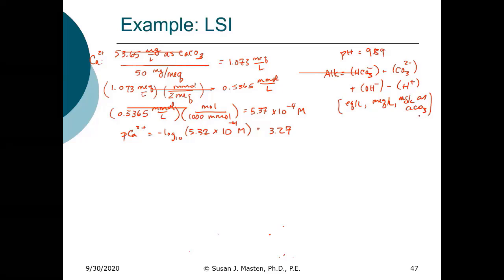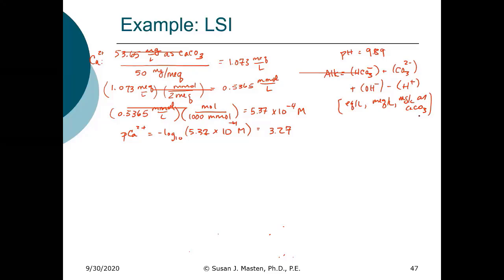In all the problems we've done so far, we've made an assumption that the concentrations of carbonate, OH minus and H plus are negligible, and we can simply assume that alkalinity is equal to bicarbonate.